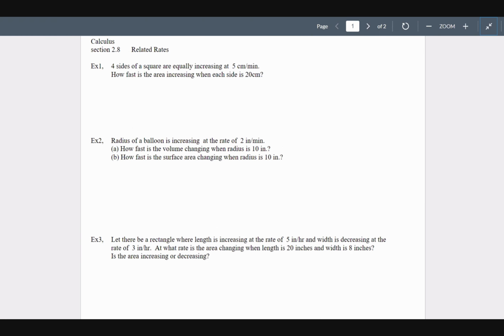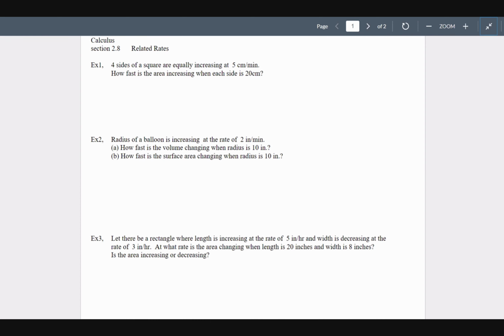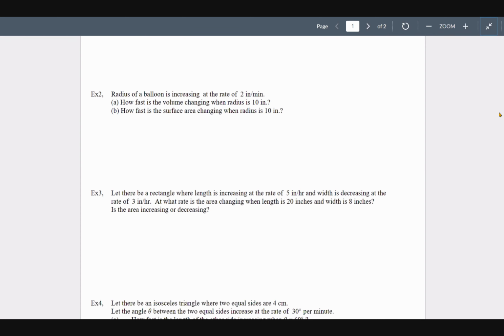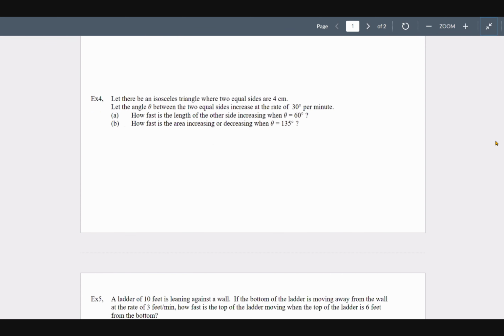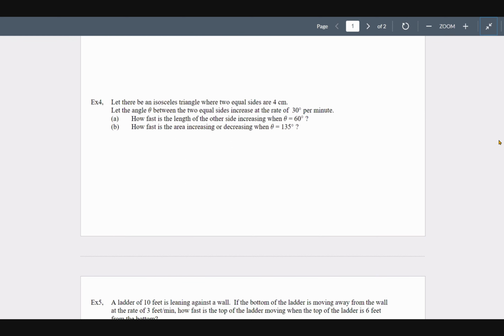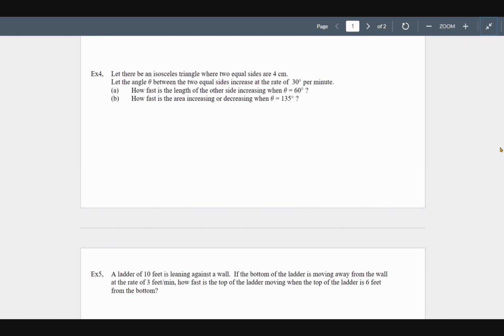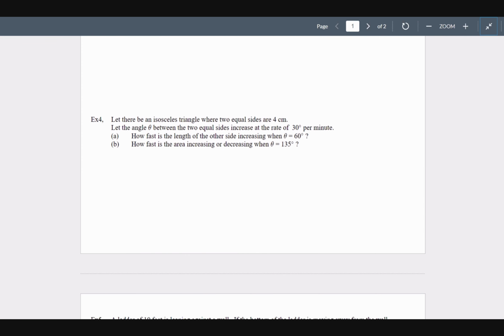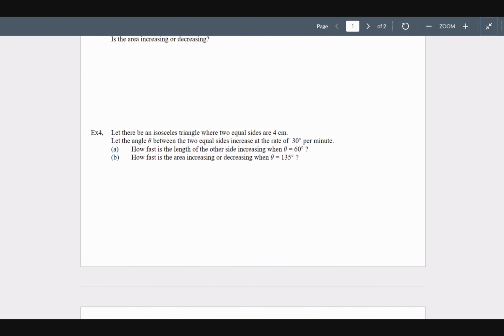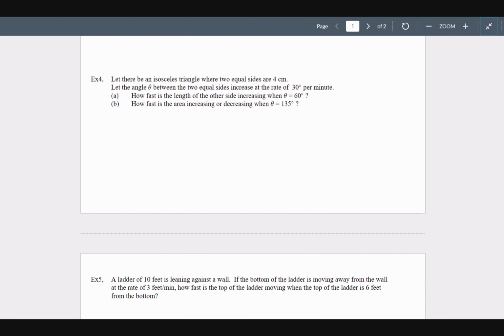And example 1 also has time, so there's a time setup as well. And if you look at example 4, it also has a setup by time. And example 5 at the bottom, yes, also has time too. So all of the problems, examples 1 through 5, and also most of the examples on these related rate problems, involve time.